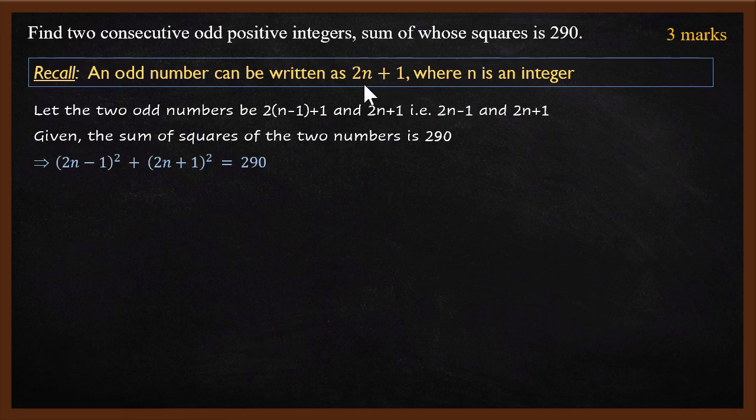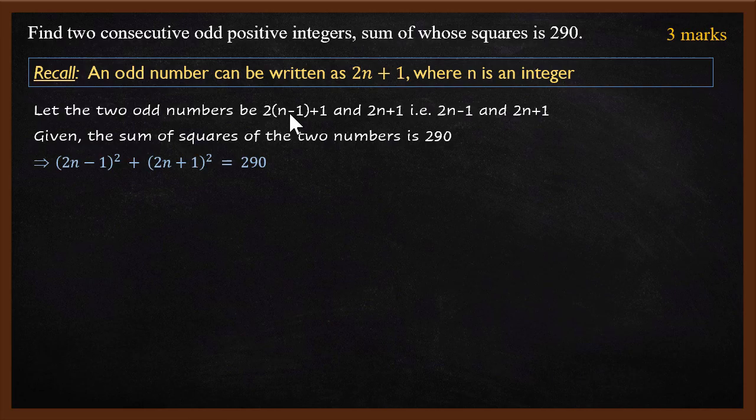If you substitute the value of 2, you get 5. So any odd number you can write as 2n plus 1, and an even number is 2n. Then we can say that the two odd numbers which are consecutive are 2 times n minus 1 plus 1 and 2n plus 1, because they are consecutive.